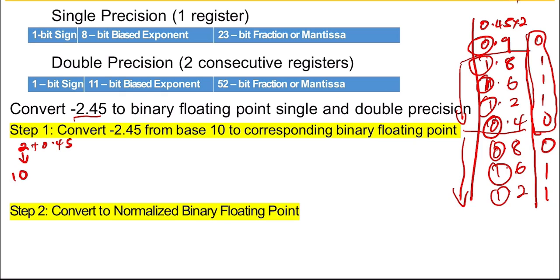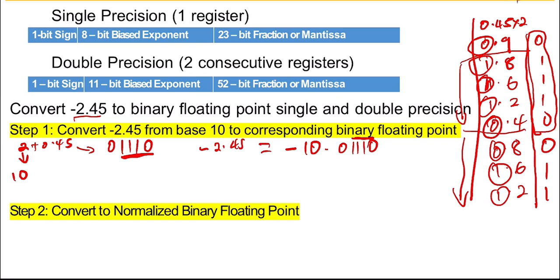So 0.45 in binary is 01110, but it keeps repeating. You can write a bar or you can write it below. Now to put it together, negative 2.45 is literally negative 2.45, and this is repeating, right?